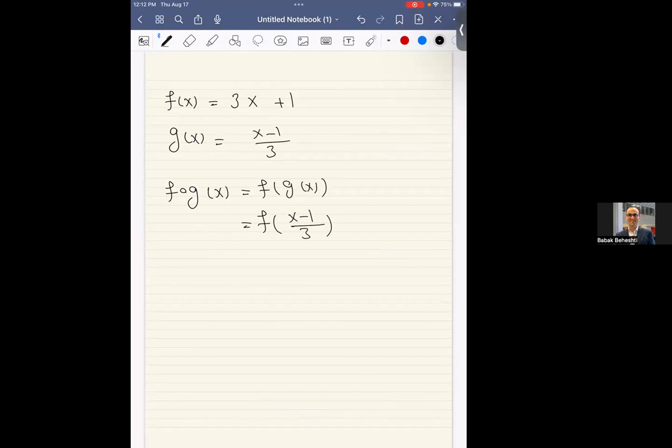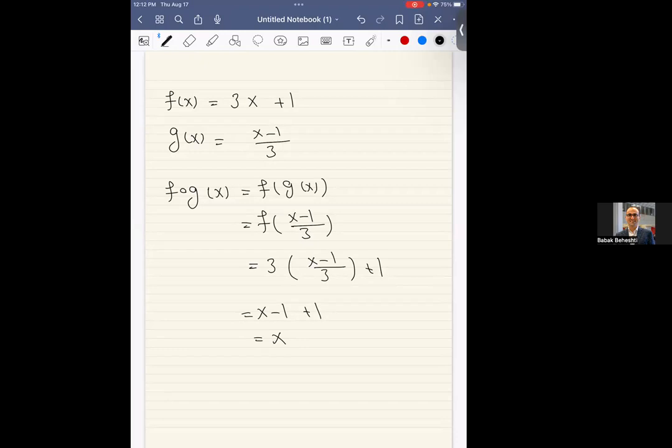So it's f of (x minus 1) over 3. f of t, f of anything like t, is 3 times t plus 1. So f of this is equal to 3 times (x minus 1 over 3) plus 1. So this is x minus 1 plus 1, that is x.